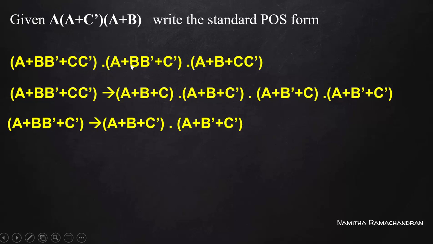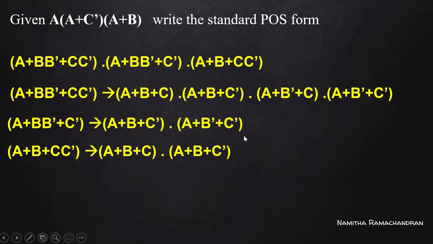Next, this term can be converted using our distributive law. A plus B complement plus C complement is equal to A plus B plus C complement and A plus B complement plus C complement. The last sum term can be converted like this: A plus B plus C complement is equal to A plus B plus C and A plus B plus C complement.